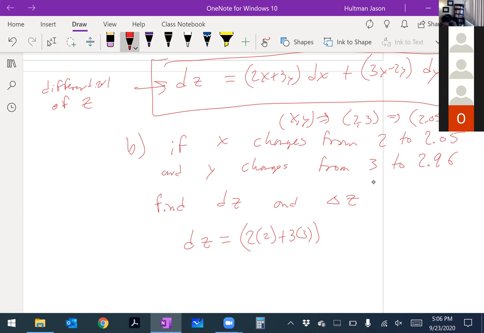Well, what's the change in x here? The change in x is 0.05. Plus, what's the partial derivative on y? Well, it's 3 times x. We're going to let that be our starting point. 3 times 2 minus 2 times 3. Well, that's kind of nice, because that whole thing just goes to 0, right? Times what's the change in y? Well, that's negative 0.04, but it really didn't matter.